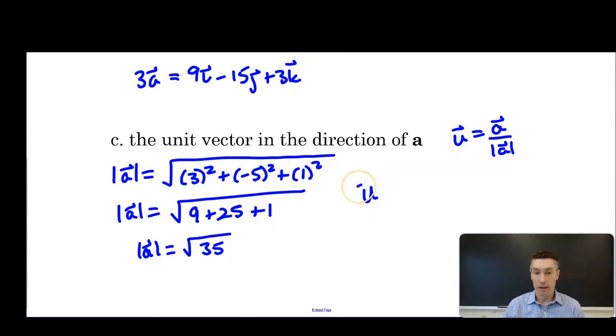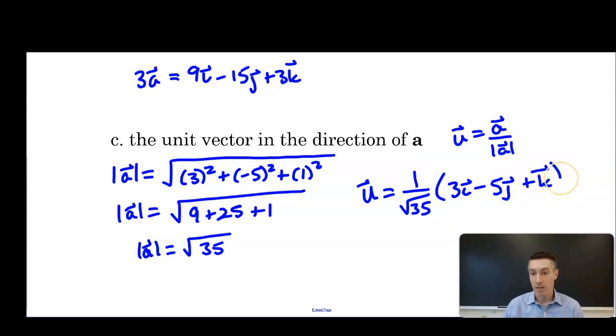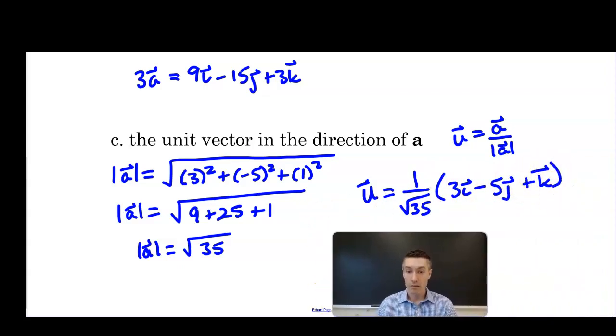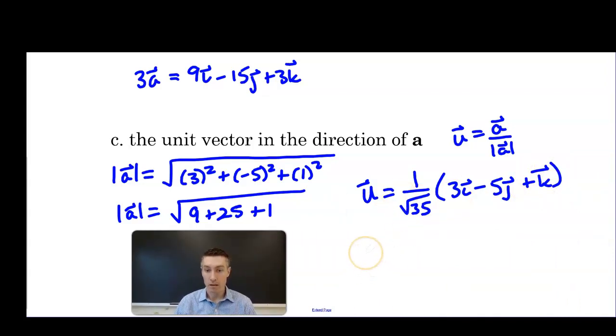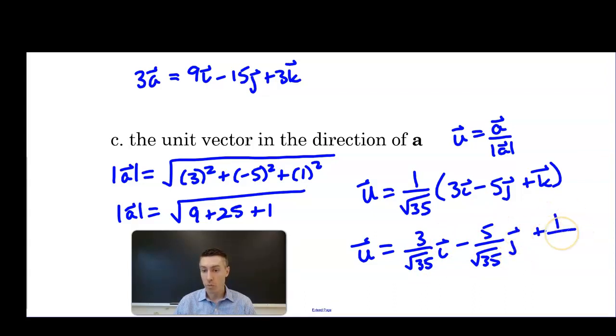So then the unit vector we're looking for is 1 over the square root of 35 times the vector 3i minus 5j plus k. Which again, we could distribute out. So 3 over the square root of 35 i minus 5 over the square root of 35 j plus 1 over the square root of 35 k. Just a matter of preference.